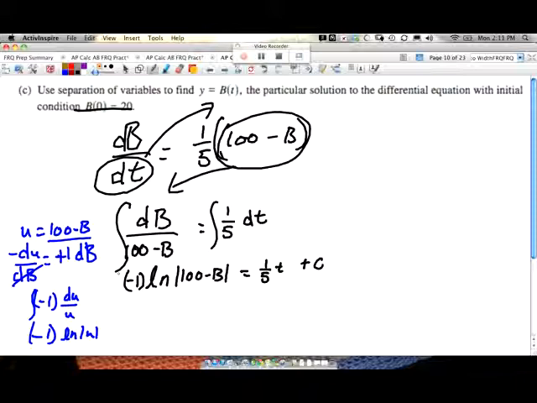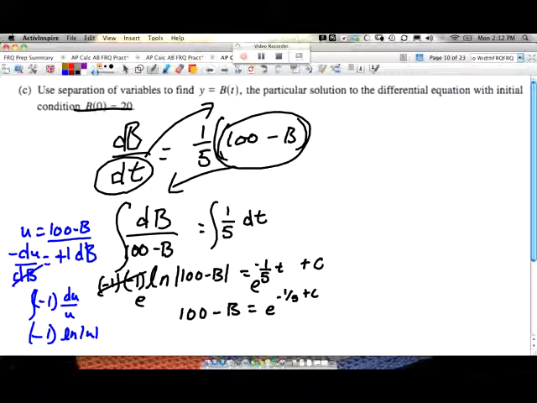So let's multiply both sides by negative 1 to get rid of that negative. Then I'm going to take e to each side, and that gives me 100 minus b equals e to the negative 1/5 t plus c.